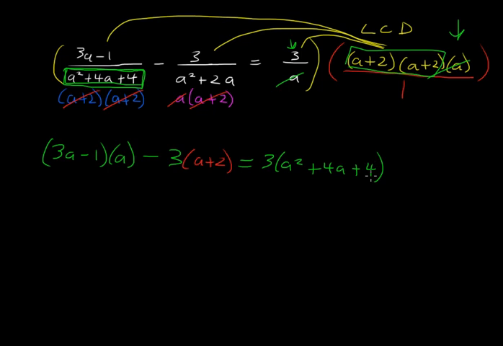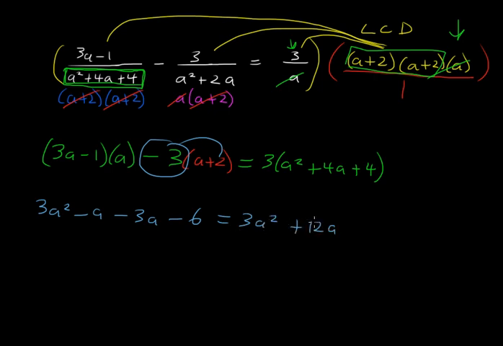Now real quickly, because I'm running out of time, we're going to distribute. So we have 3a squared minus a minus 3a, and remember, negative 3 times positive 2 is negative 6, equals 3a squared plus 12a plus 12, once I distribute that 3.